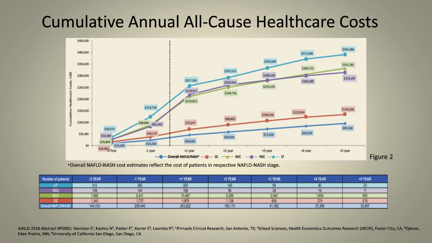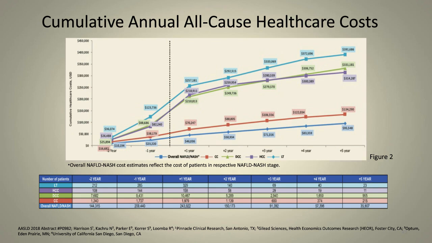If you look at decompensated liver disease, it's the same as liver cancer, essentially, at about $300,000. This is cumulative annual all-cause healthcare. And liver transplant obviously is at the highest. But even just overall NAFLD and NASH patients, you see a significant rise in healthcare delivery costs.